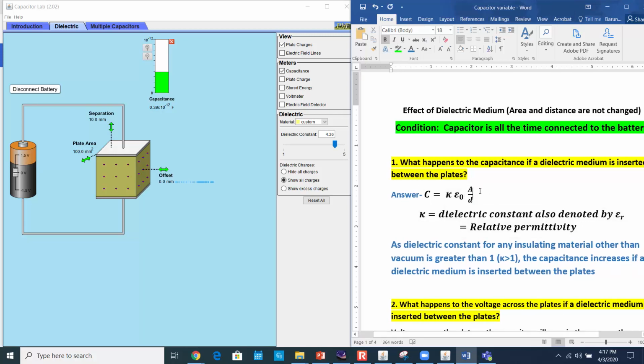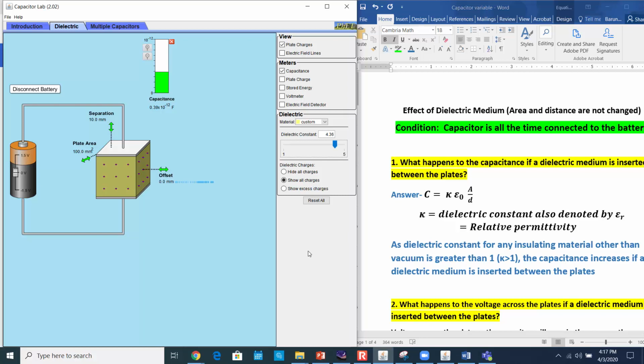A is the area of the plate, and D is the distance between the plates. So the higher the value of kappa, the higher the capacitance will be. Now let's talk about what happens to the potential between the plates if we insert the dielectric medium.